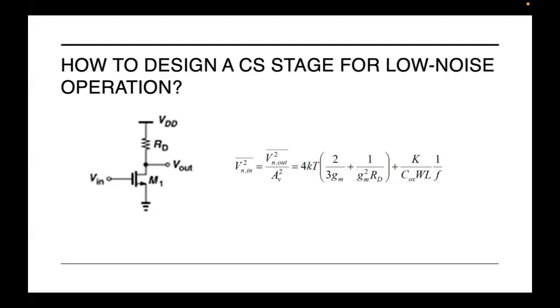So, for example, if I compare two transistors, one in an old technology like 1 micrometer technology with another one in 45 nanometer technology, I should expect a higher flicker noise with the more modern 45 nanometer technology transistor. And that's why it's a trade-off between shrinking down the transistor dimensions and increasing the flicker noise.